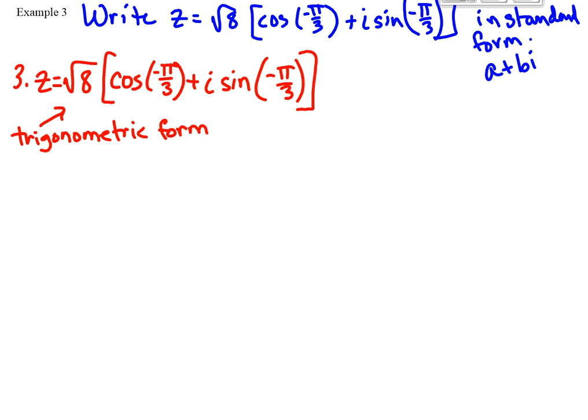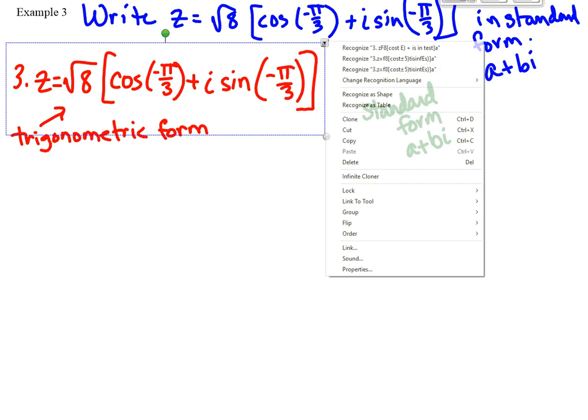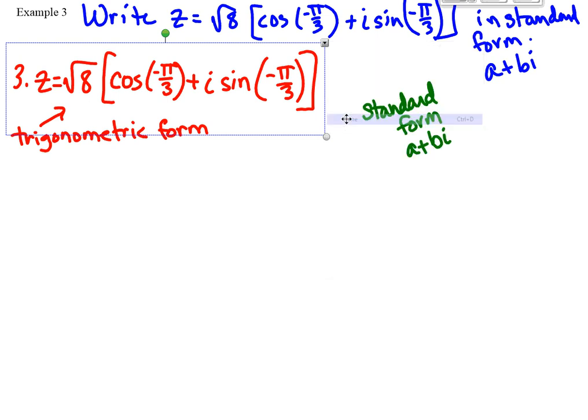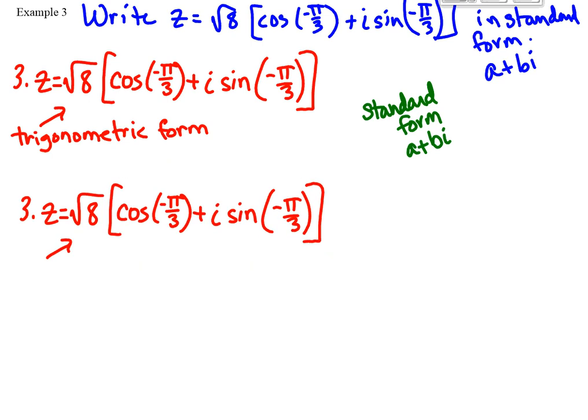We'll remind ourselves that standard form is a plus bi. So really what we're going to do is take that, and I'm going to clone it so I can have it down a little lower. I'm going to see what I can do to put it in a plus bi form.